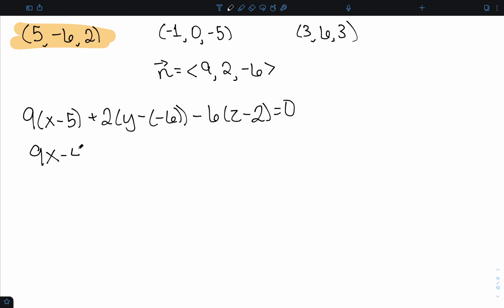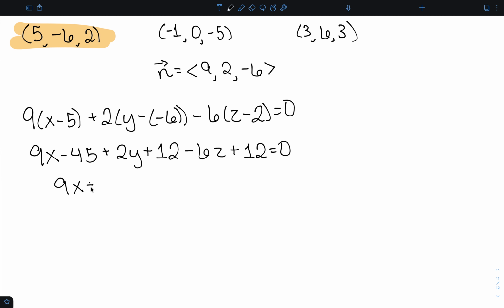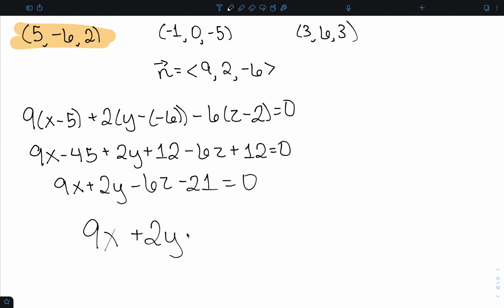Distributing, this is 9x minus 45 plus 2y plus 12 minus 6z plus 12 equal to 0. Simplifying, I get 9x plus 2y minus 6z minus 21 equal to 0. And moving the constant over, 9x plus 2y minus 6z is equal to 21.